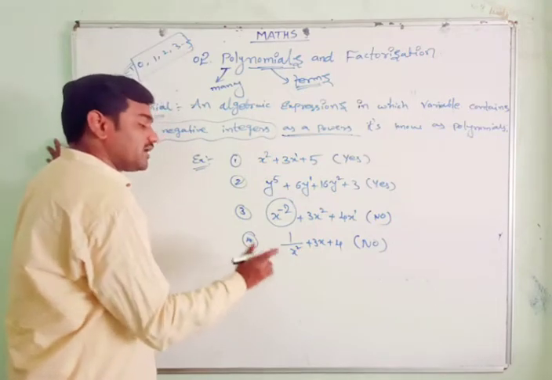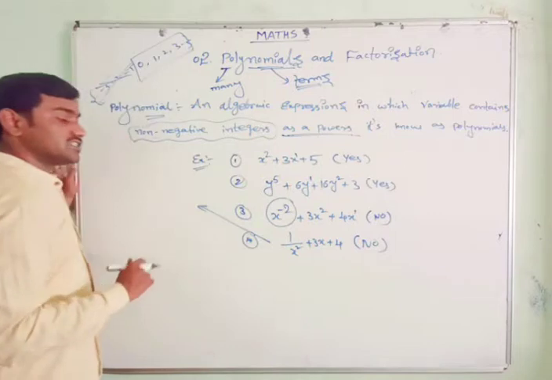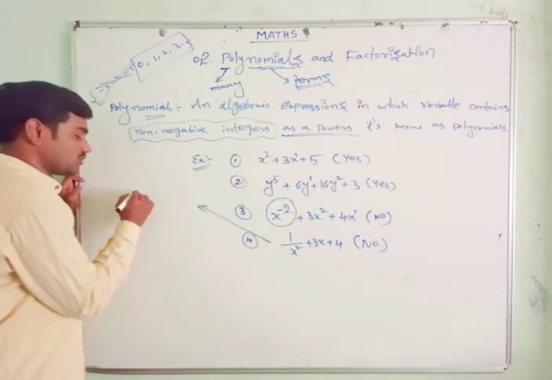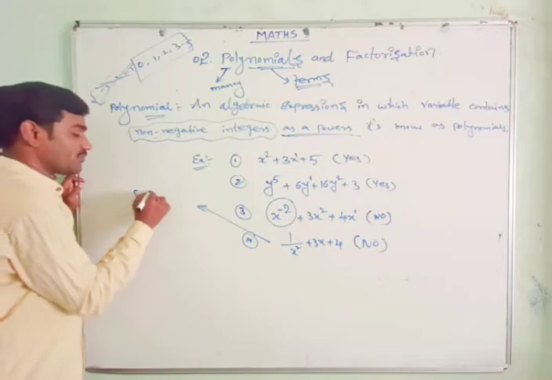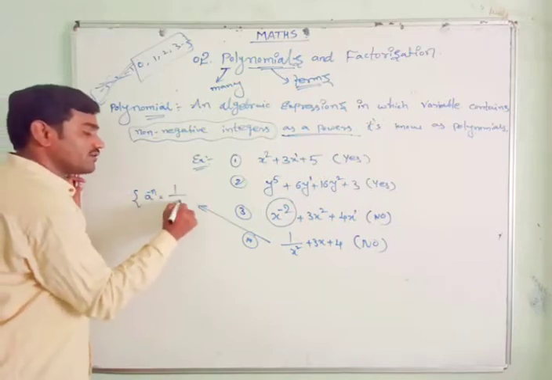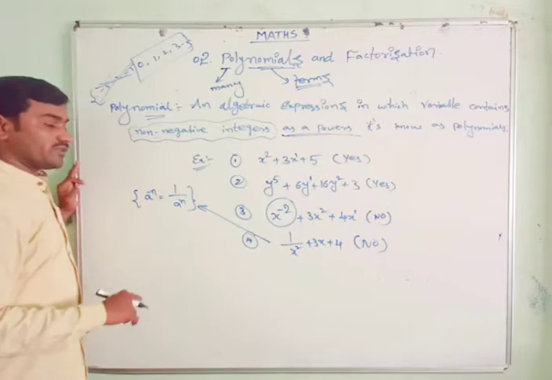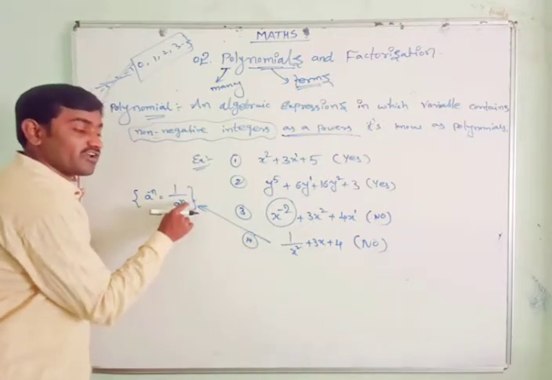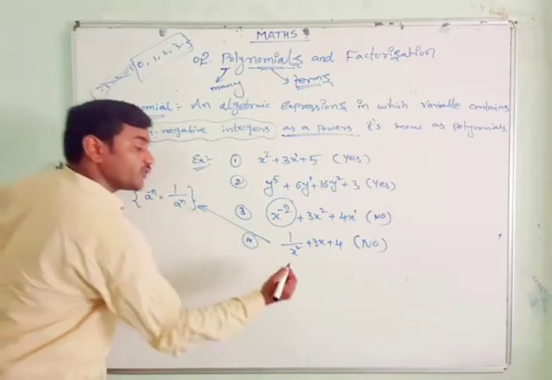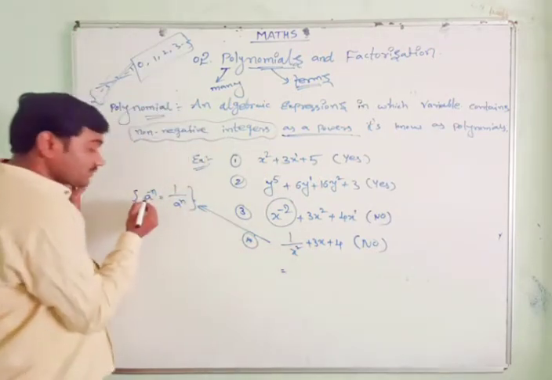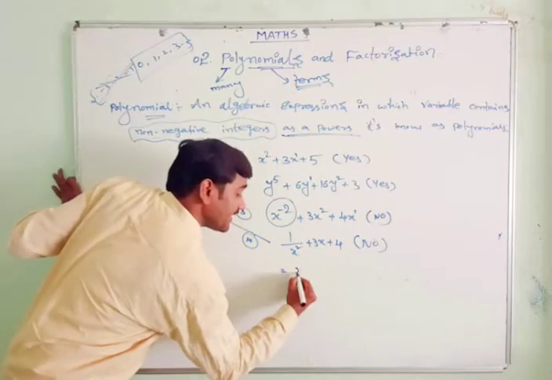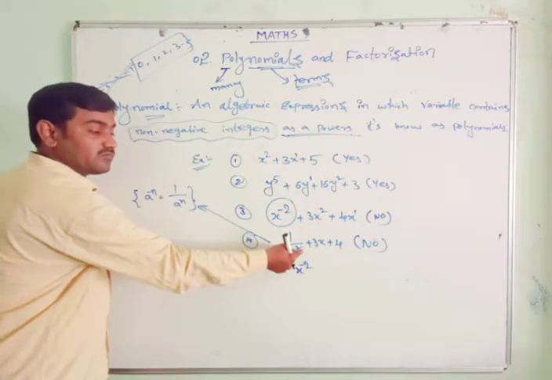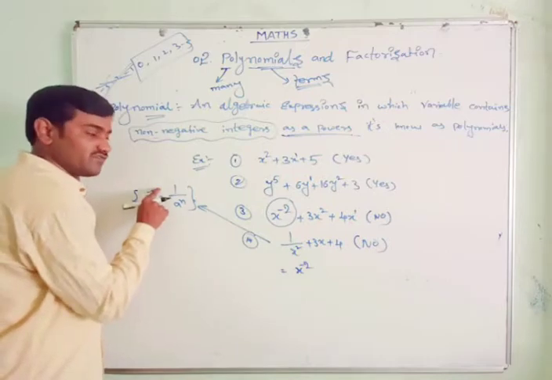To understand this, we must have a little idea about the laws of exponents, that is, a to the power of minus n equals 1 by a to the power of n. The first term is in the form 1 by a to the power of n, so we rewrite it in the a to the power of minus n form.